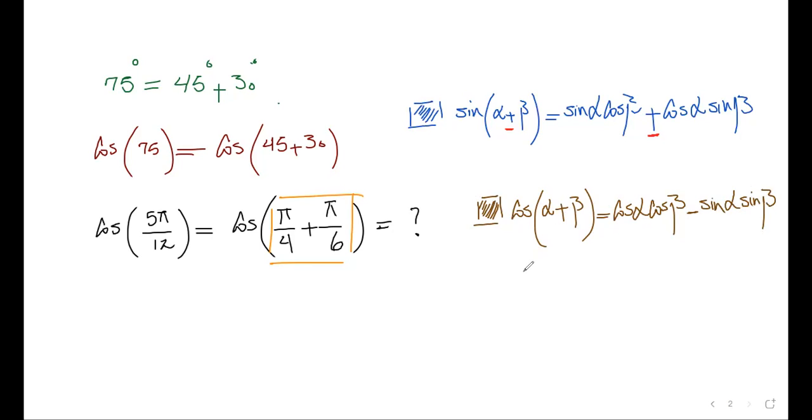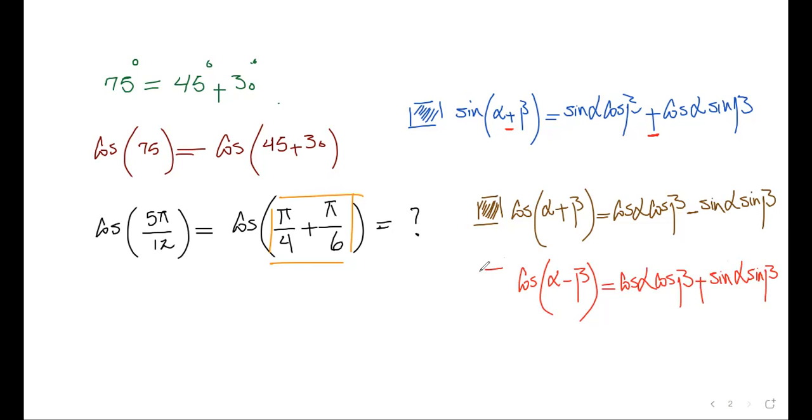Also, the cosine of alpha minus beta is cosine of alpha cosine of beta, but because we have minus here, we get plus sine alpha sine beta.